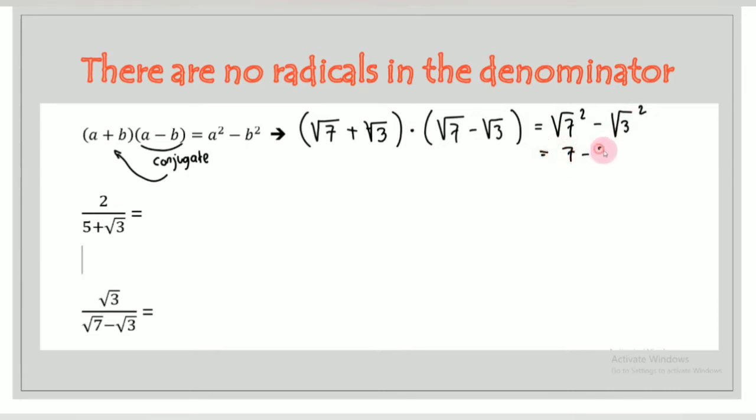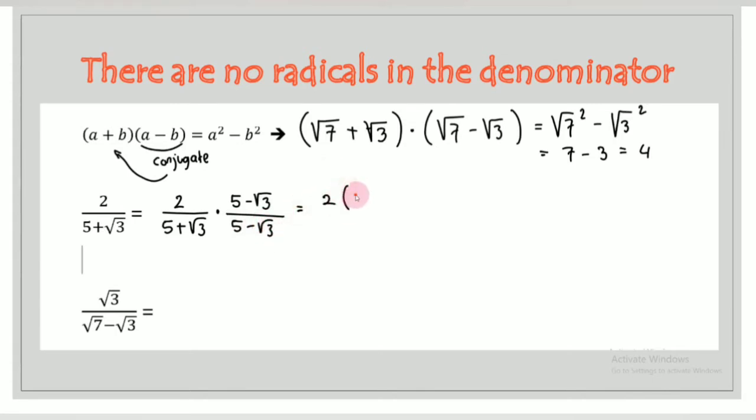So it will become 7 minus 3, which is 4. With this approach, let's do the same thing with this fraction. Because it has radicals in the denominator, let us get rid of them by multiplying with the conjugate of the denominator. So it is 5 minus square root of 3 over 5 minus square root of 3.